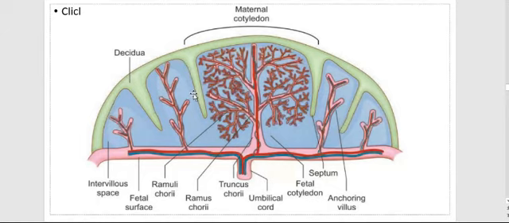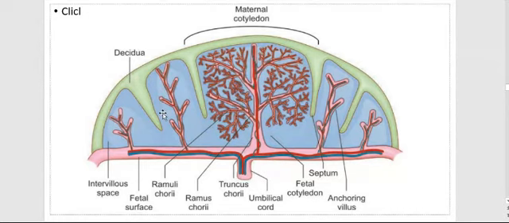So this is the fetal part. This whole shaded blue is the fetal part. And these are the villi which were formed from the chorion, the finger-like projections. And then this is the decidua basalis, the one shaded in green. The intervillous spaces were formed in the syncytial trophoblast, which was coming from the fetal part.